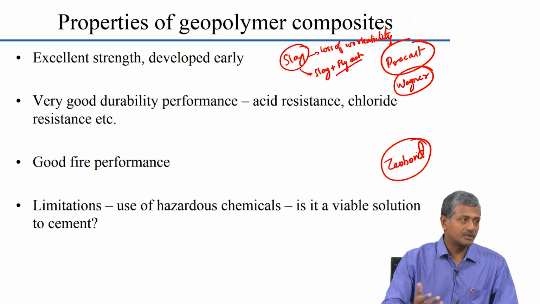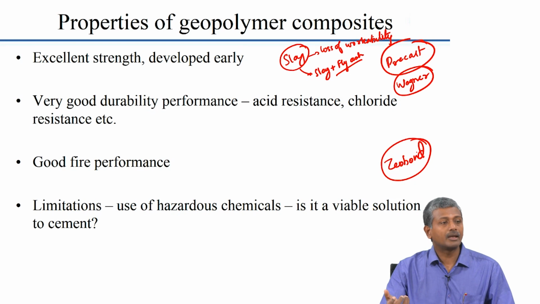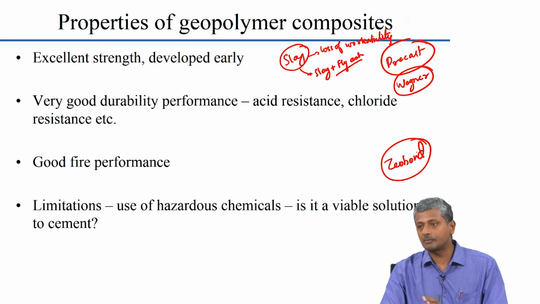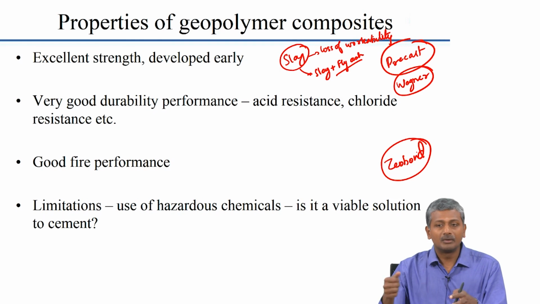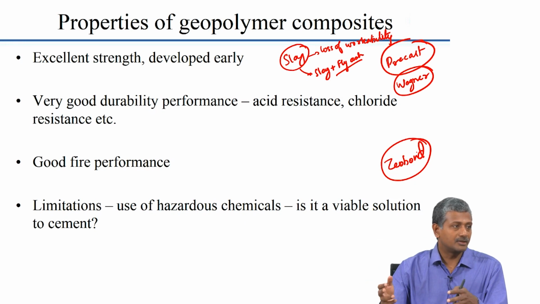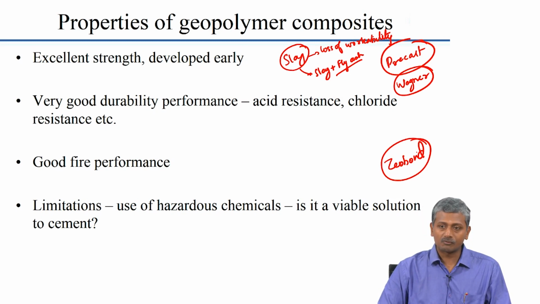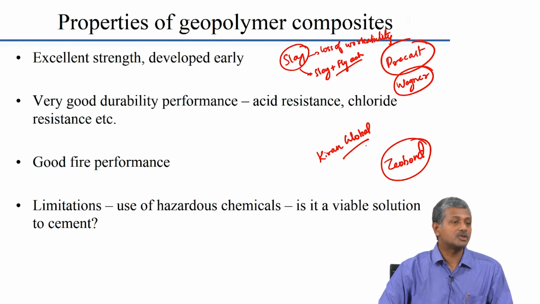What they do is they have the aluminosilicate precursor and the alkaline activator, which are sold either together or separately. So, for example, you will have a two-part cement, you will have the inorganic aluminosilicate in a bag, and then you may have a bottle or a jug of the alkaline activator, and then you may be asked to actually mix it in different kinds of proportions. In India also there was a company that was floated recently called Kiran Global, and this company has also come out with a geopolymeric cement.